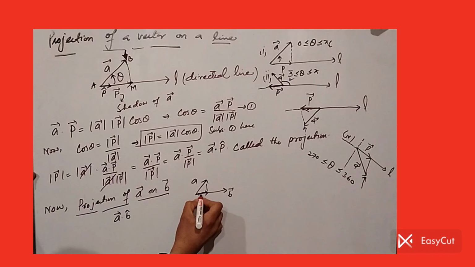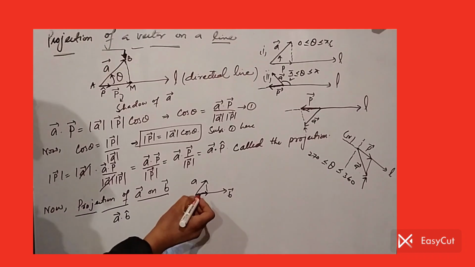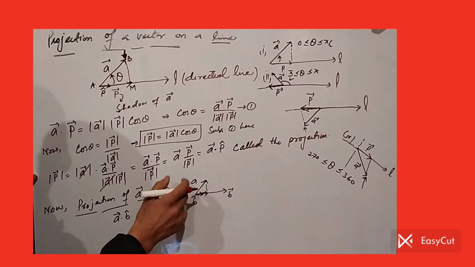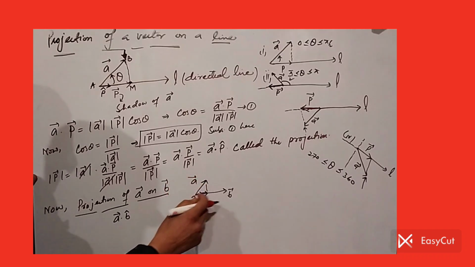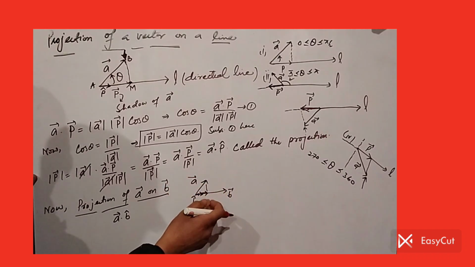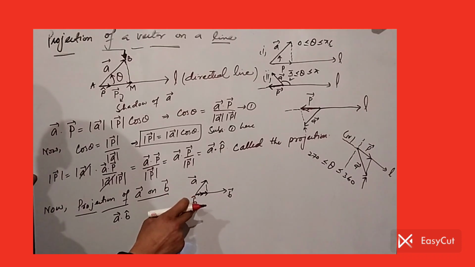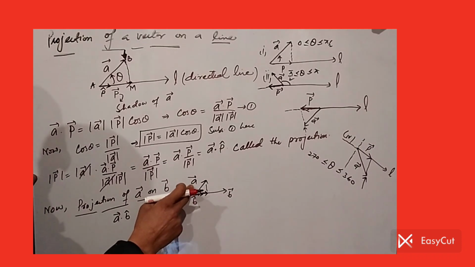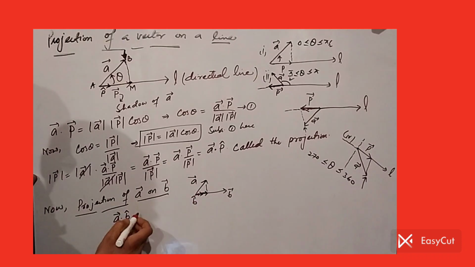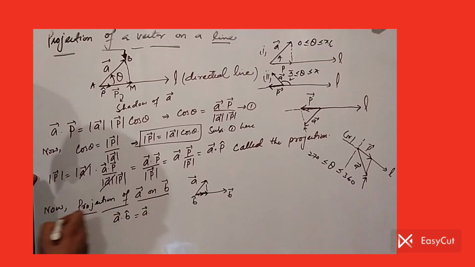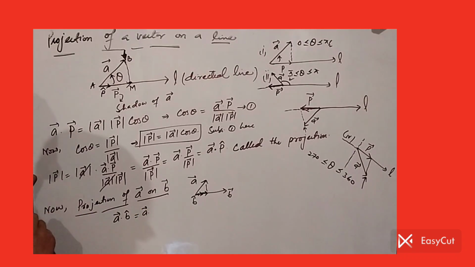Here we can put a unit vector b, because it will give the direction of the projection. That means the direction of the projection of this vector is going to be in the direction of b. Since direction will be provided by this unit vector, we will just write a dot unit vector b.